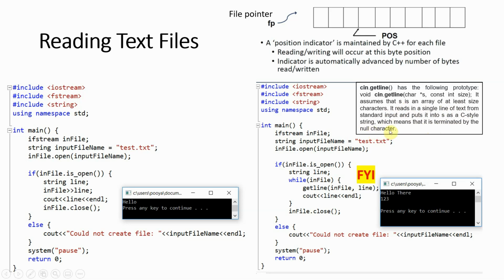So the line is going to be a C string. This part is only for your information. We're mainly going to focus on reading one string at a time, delimited by either space, tab, or new line.